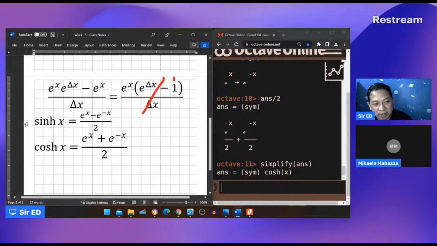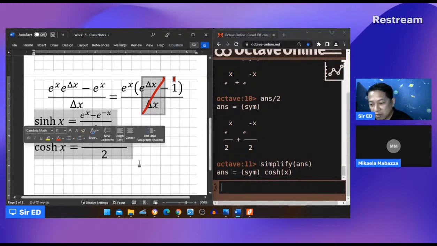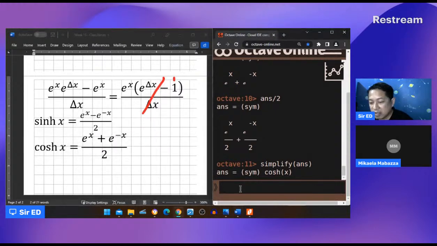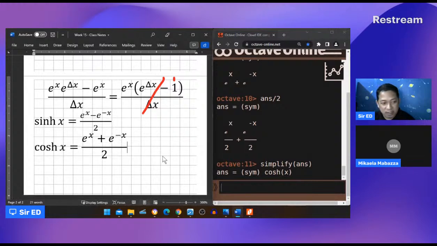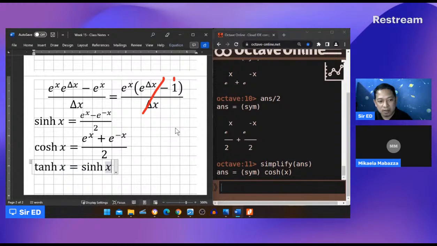So, another memory aid for you. I would suggest you don't forget these two. Of course, you could solve for the tangent. Tangent is just dividing both. No? For that case, so magka-cancel yung 2 dyan. Kung hyperbolic tangent naman, you'll be solving for the hyperbolic tangent, obviously it's just the division of hyperbolic sine divided by hyperbolic cosine.